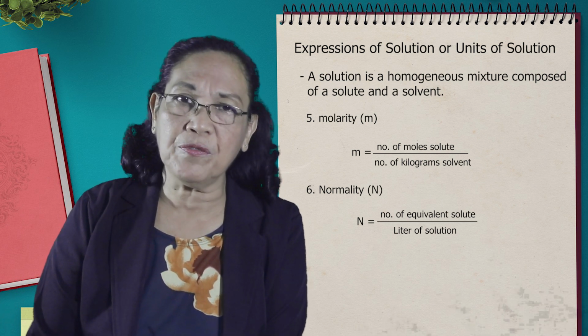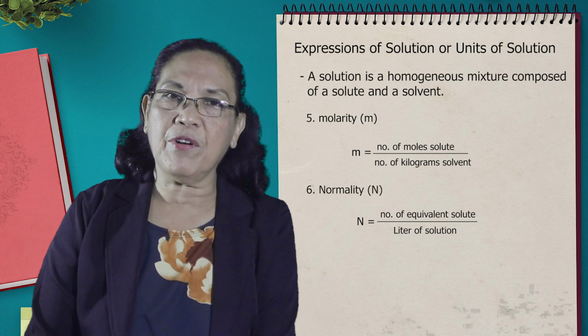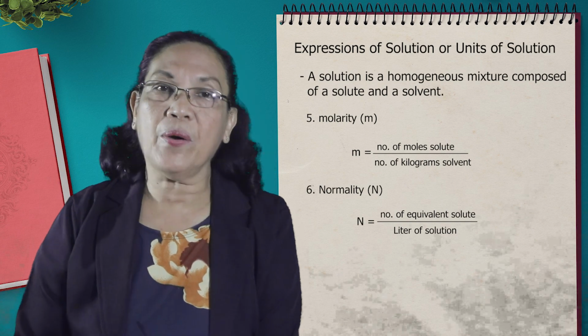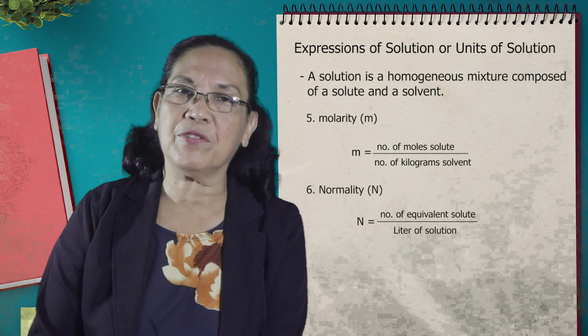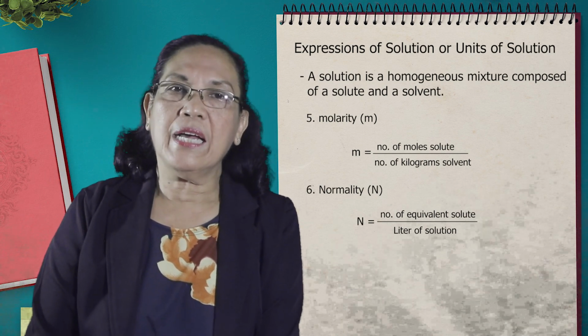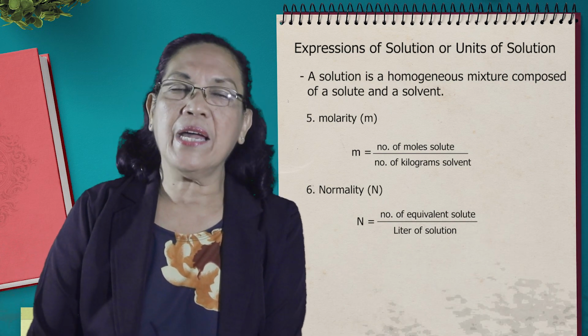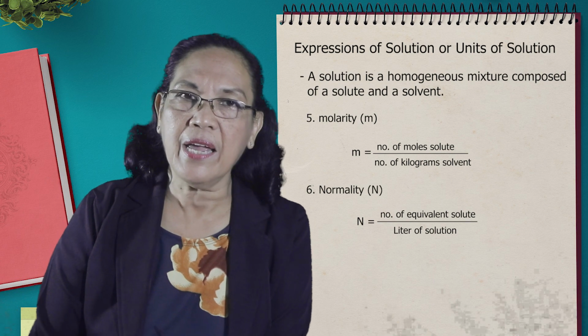If you have phosphoric acid, since the formula of phosphoric acid is H3PO4, the equivalent will be the molecular mass of the phosphoric acid divided by 3 because there are 3 hydrogen atoms in phosphoric acid.